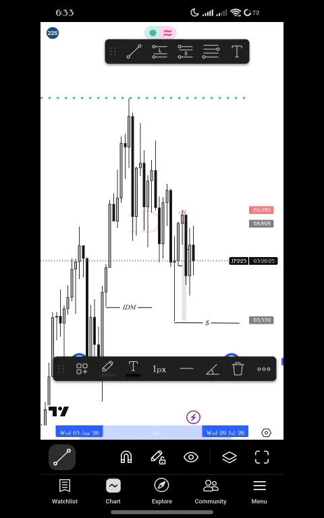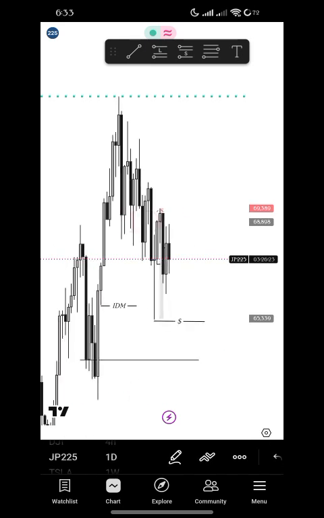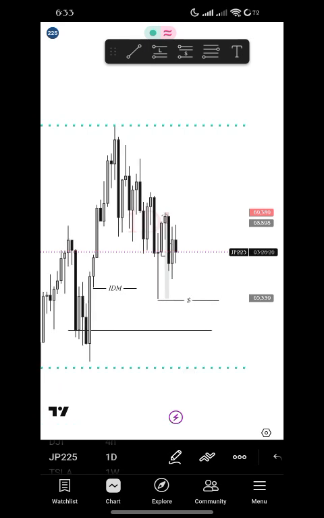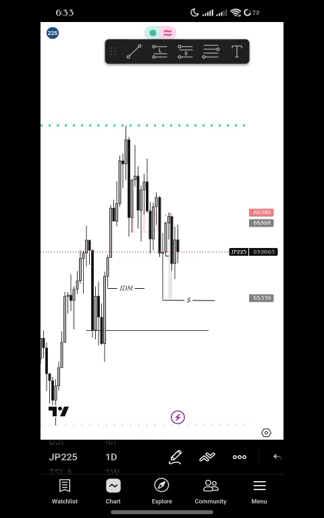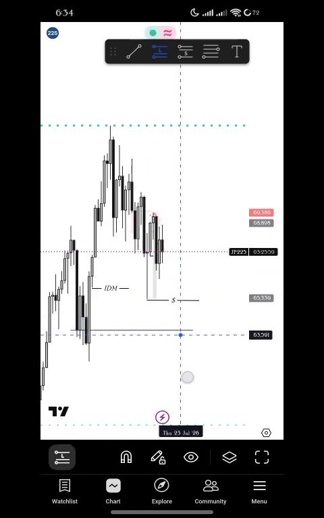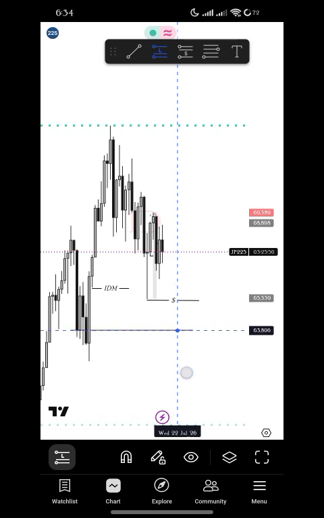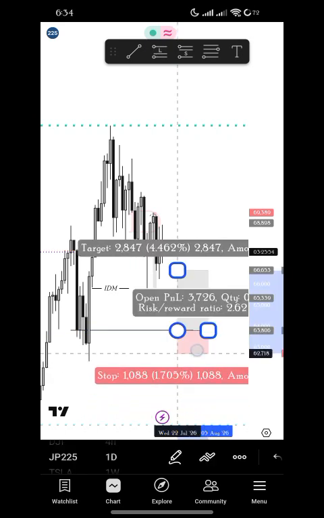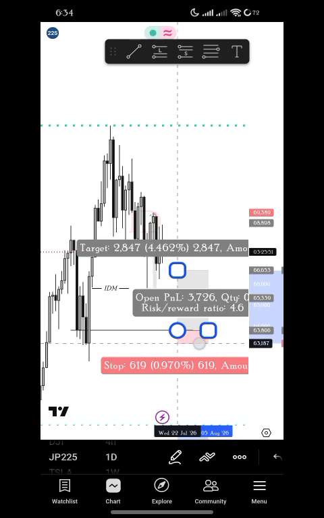So we have a QM here, and this becomes a high probability trade because before price is heading towards the QM, you can see price is building liquidity, and that liquidity is going to serve as fuel when price gets to this level. Yeah, you can be confident enough. If you want, you can wait for confirmation in the lower time frame and take your trade.